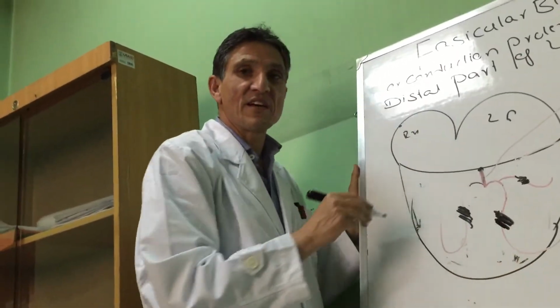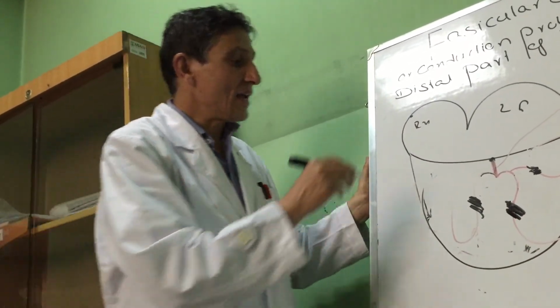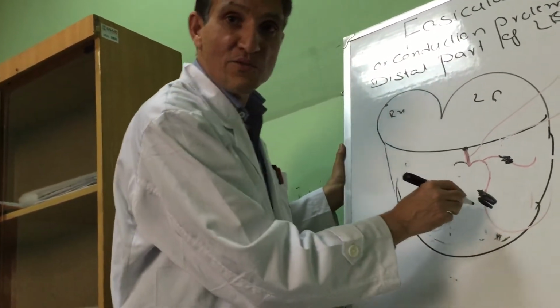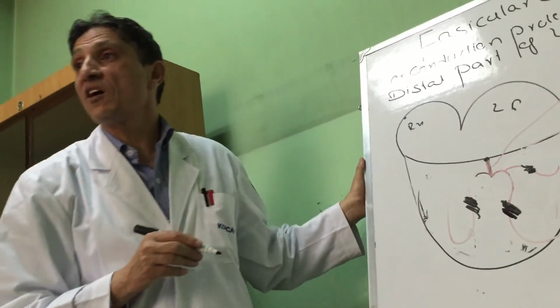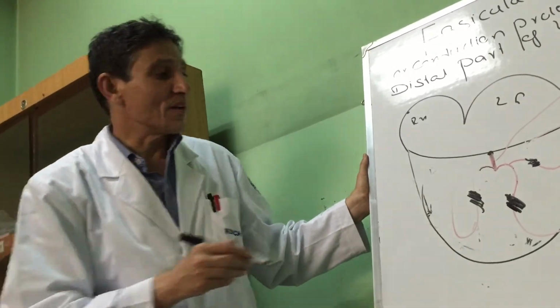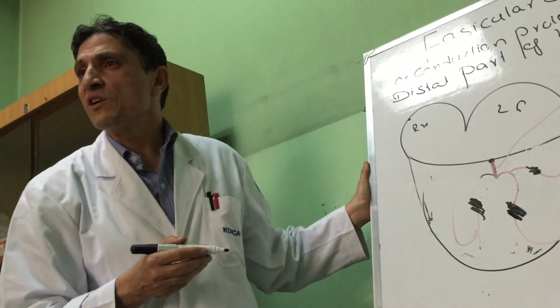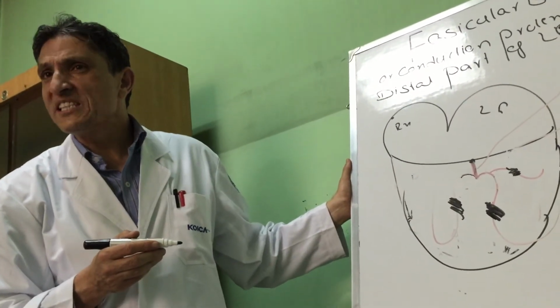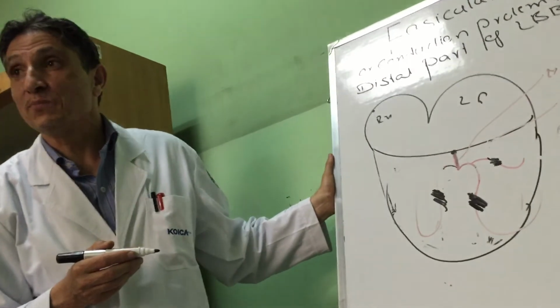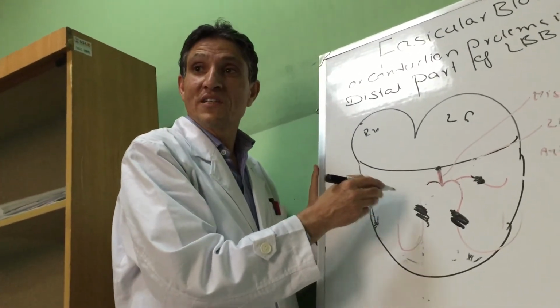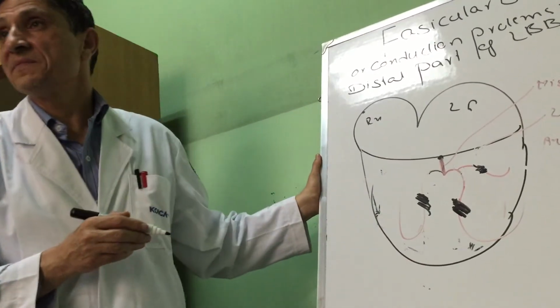Those patients who have anterior fascicular block, posterior fascicular block and right bundle branch block, it is equivalent to complete heart block, because there is no route for the electrical impulse to go through and lead to ventricular depolarization. So this is similar to complete heart block.